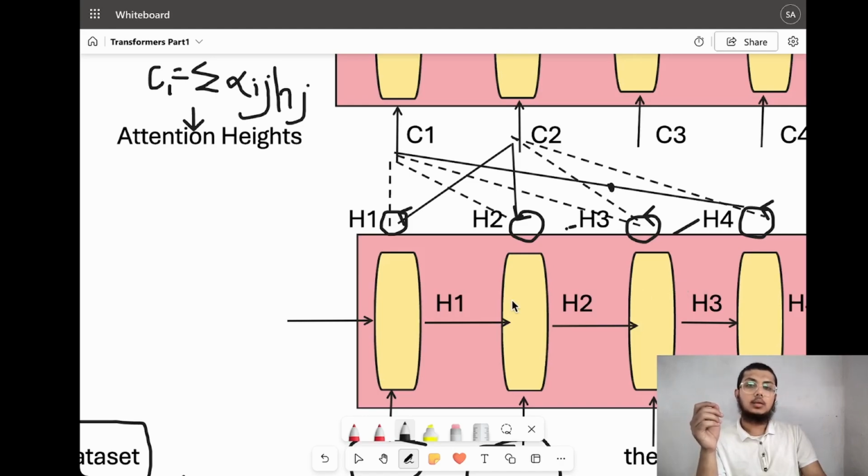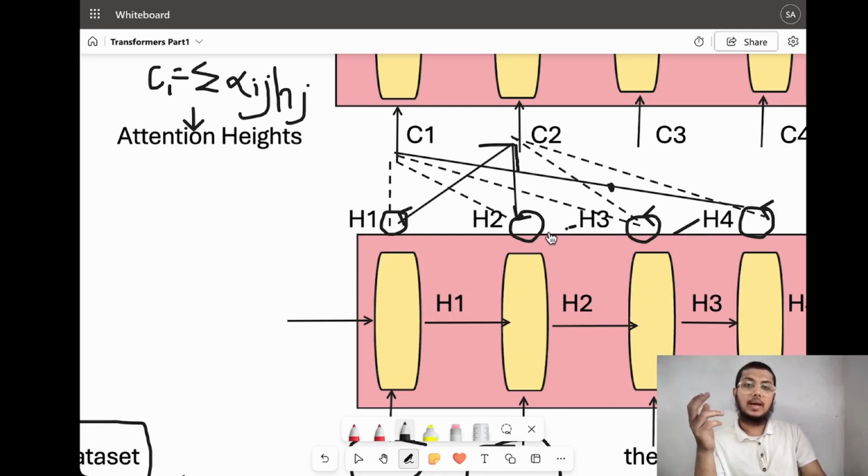But if I want to print the next word, then the component of H1 will be more, H2 will also be more, H3 will be less, and H4 will be less.